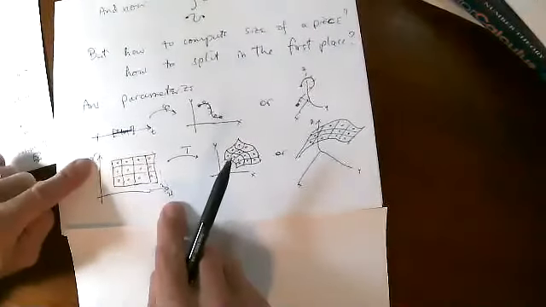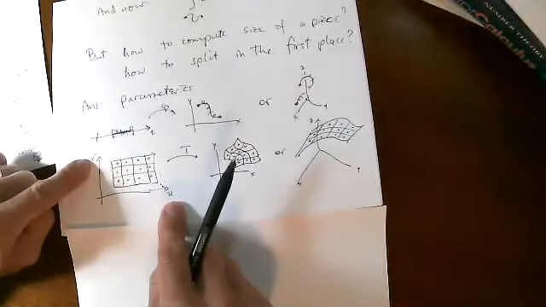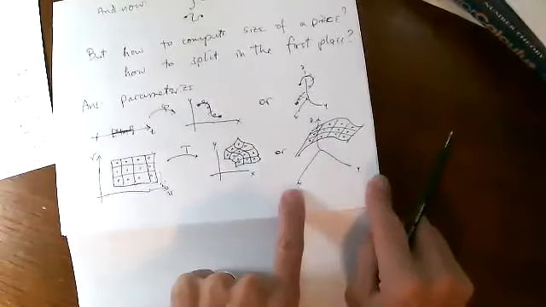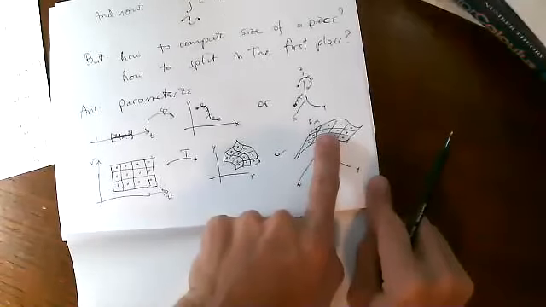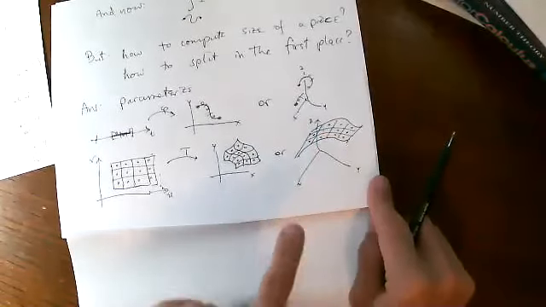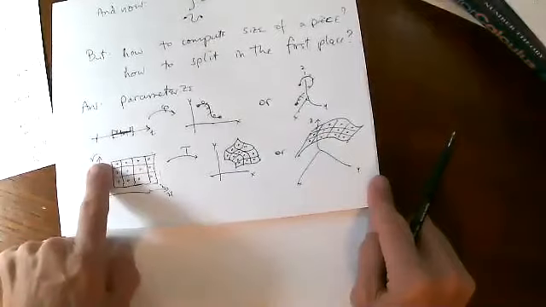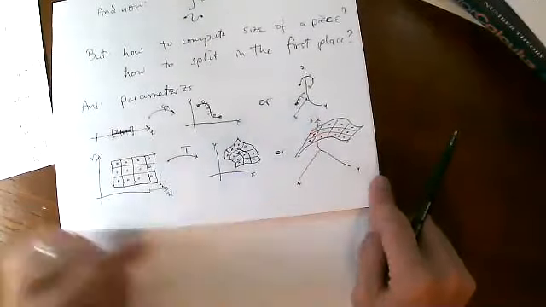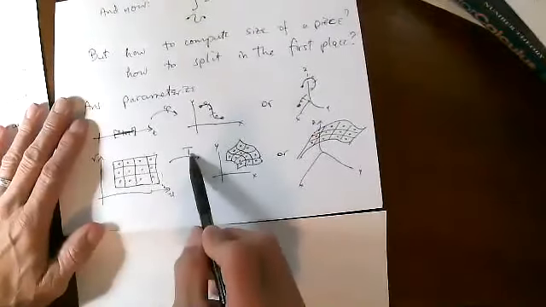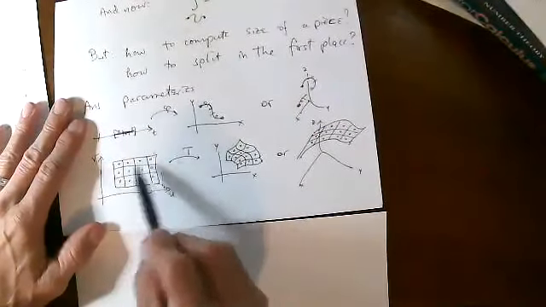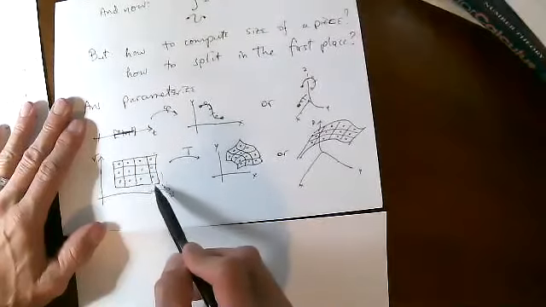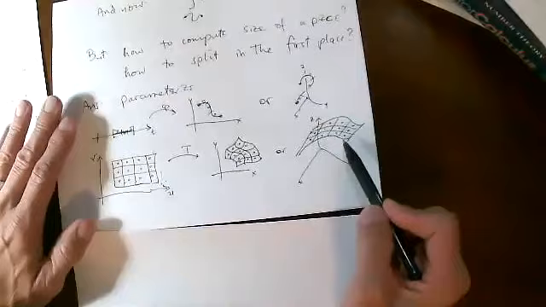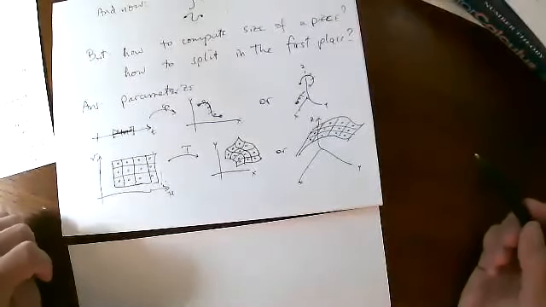If you use, let's say, U and V as your coordinates in the plane, and X, Y, and Z as your coordinates in three-dimensional space, then you need to specify functions of U and V for the X coordinate, the Y coordinate, and the Z coordinate. But then if you apply this function capital T to all the combinations of U's and V's in a certain region, that'll give you a lot of combinations of X's, Y's, and Z's that all lie on a surface.